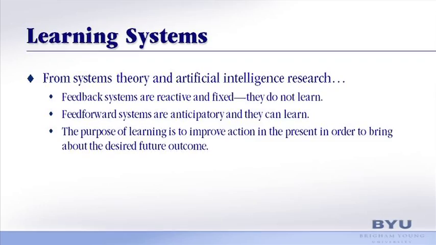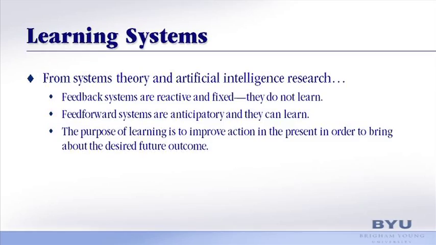If you look in systems theory and artificial intelligence research, you find out feedback systems react and their model is fixed. They don't learn. They can't change. They just do what they do. When an error occurs, they do what they do to fix it. Especially now in artificial intelligence, they're looking at feed-forward systems. And feed-forward systems are anticipatory. They're trying to look forward instead of look back.